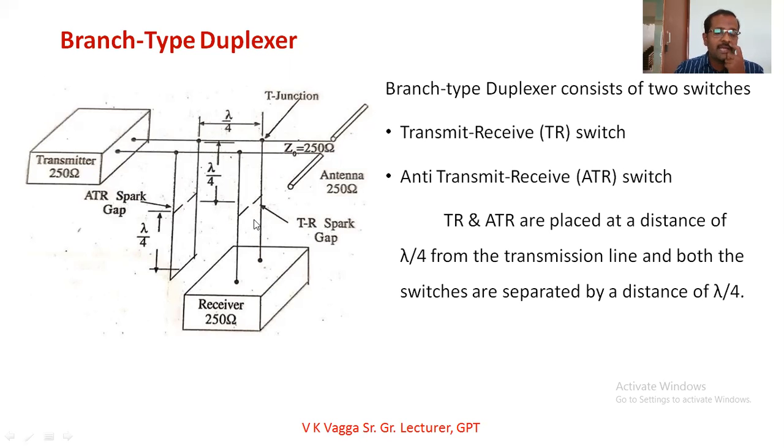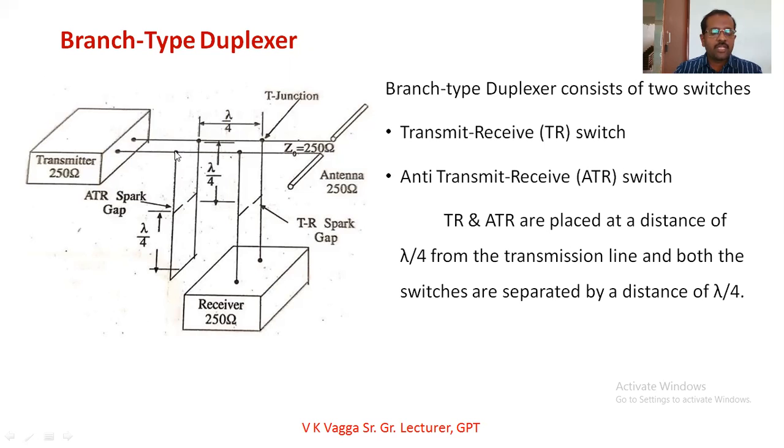All of these have to be connected exactly at lambda by 4 distances, so the ATR and the TR are spaced exactly lambda by 4 apart.